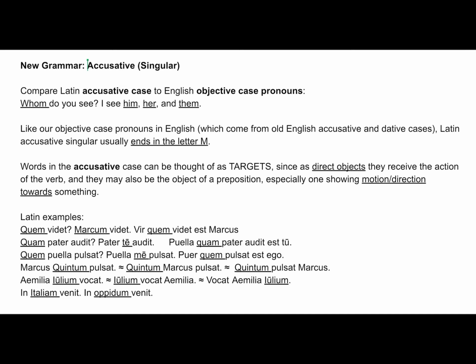And so you're dealing with motion towards. So unlike in chapter one where we had like in Italia with the long A, or in oppido, in the town, here we're talking about direction towards a place. So if it's direction towards, you need this new accusative case. In Italiam with the M ending, in oppidum with the M ending. All right.